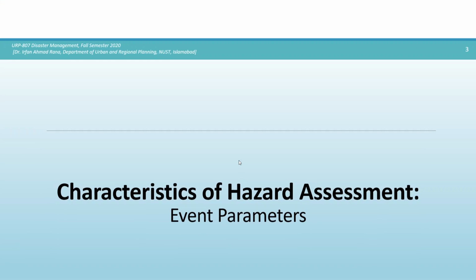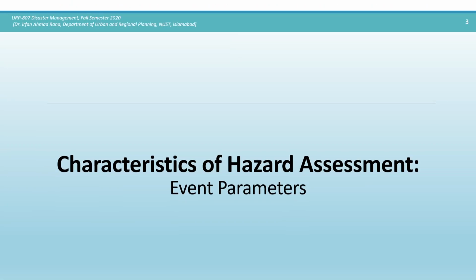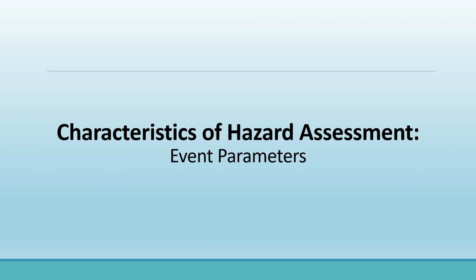That points to the question of what the event parameters are and what hazard assessment is. Hazard assessment, sometimes also called hazard identification, is when we don't know and are trying to identify what sort of hazards are existing in our society.